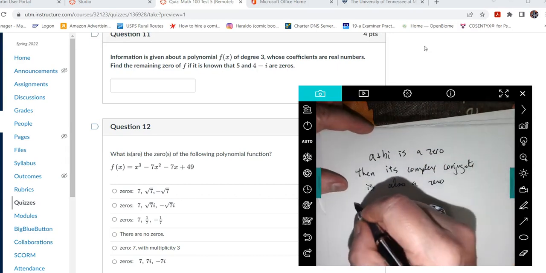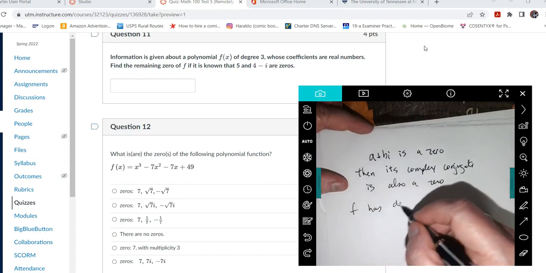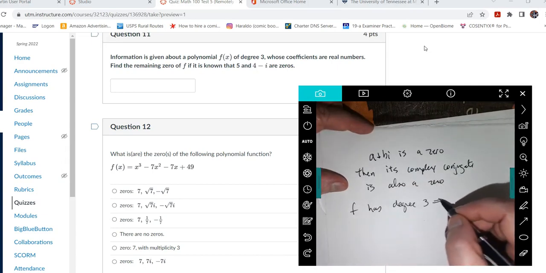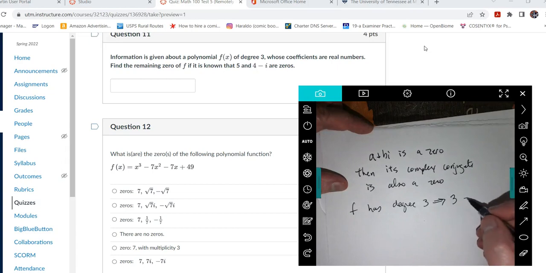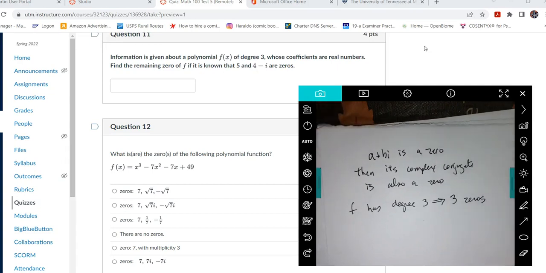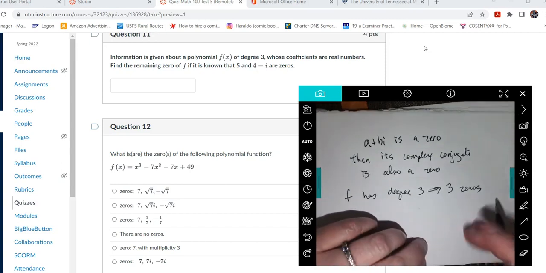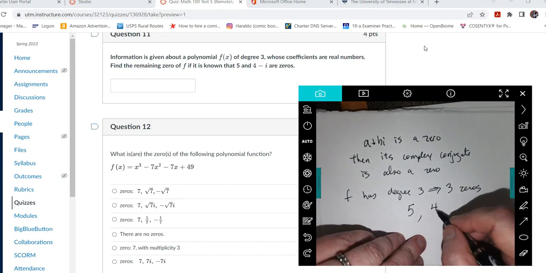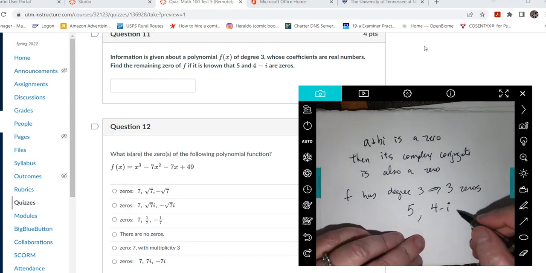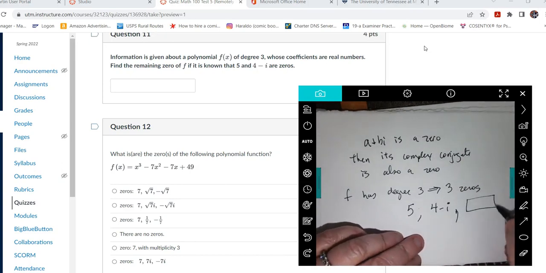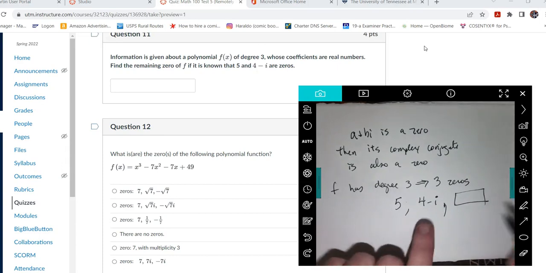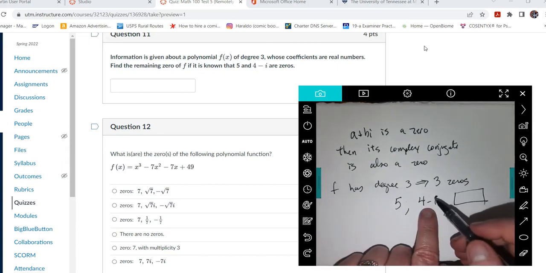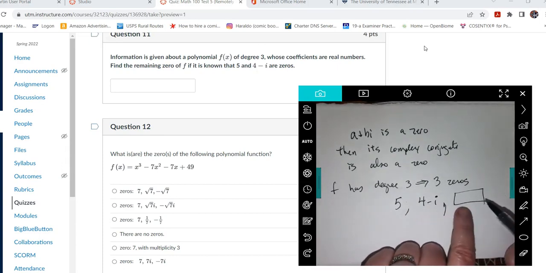Now, f has degree 3, which means that there are exactly 3 zeros if we count any zero that's repeated. And so it's known that 5 is one of them, and 4 minus i is another one. And so there's only one left over to find. Well, this is a complex number, and so its complex conjugate will be the remaining zero.